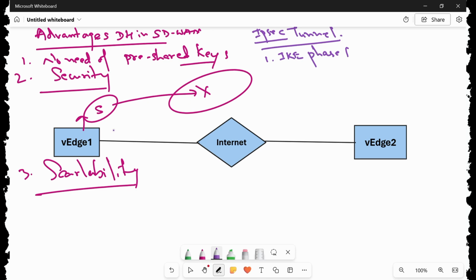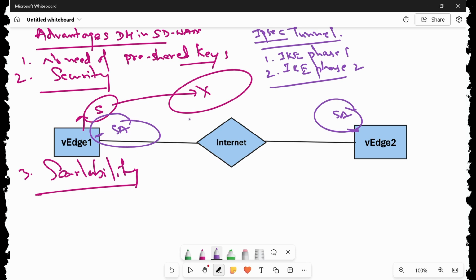So the initial handshake happens between these two vEdges so that there will be an establishment of a secure channel. Basically, a security association happens during this phase 1. Then after that there will be phase 2.